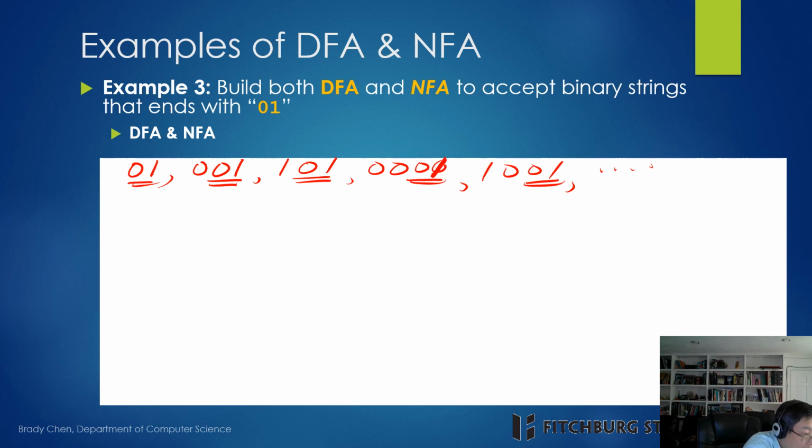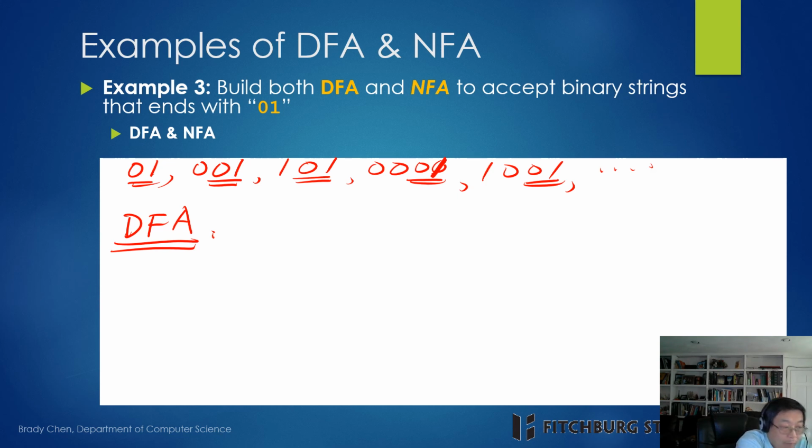Okay, so let's start with DFA. We want to build a deterministic finite automata to accept the binary strings that end with 01.